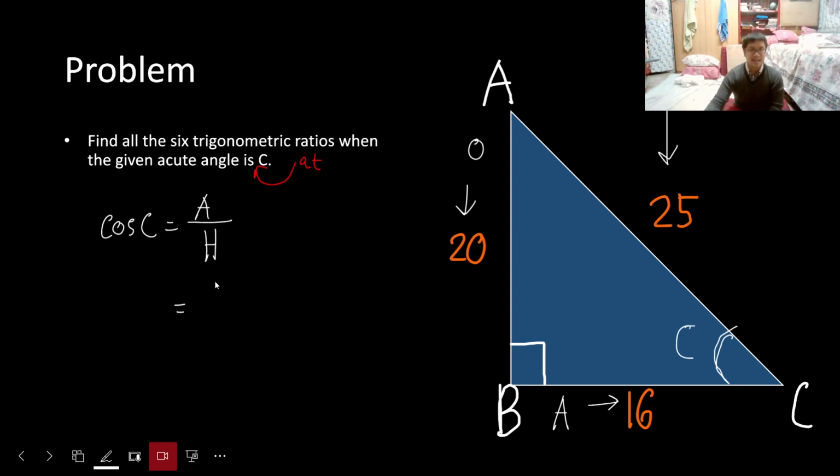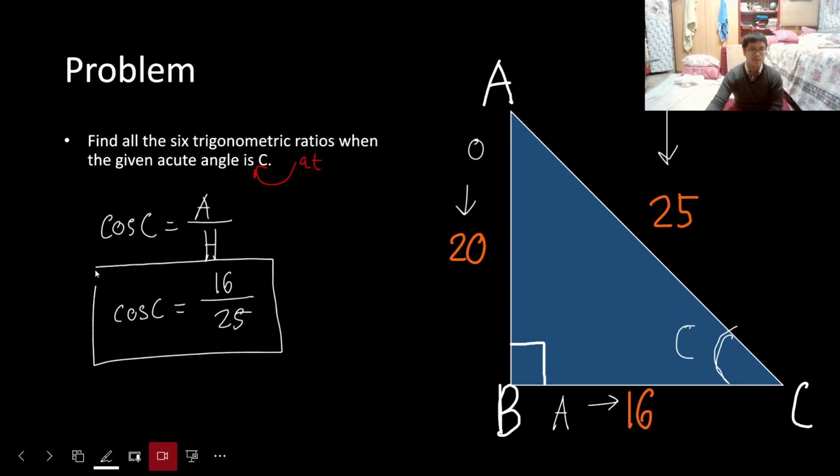Your adjacent side is 16 units long, all over your hypotenuse, 25 units long. 16 and 25 don't have a common factor except 1, so we cannot simplify them anymore. We can leave this as our answer. Cosine of C is equal to 16 over 25.